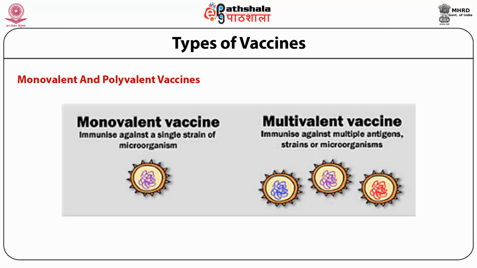Let's understand what are monovalent and polyvalent vaccines. Monovalent vaccine contains a single strain of the microorganism, and measles vaccine belongs to this category. Multivalent vaccines contain multiple antigens or strains or microorganisms. Example is oral polio vaccine.